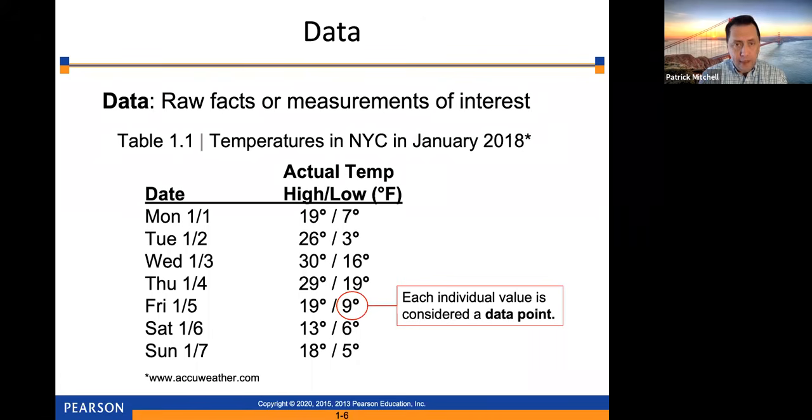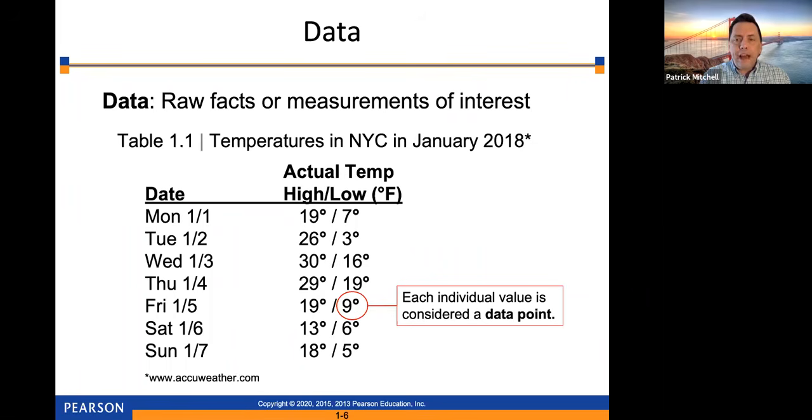So in this example, we have temperatures in New York City, near my home turf, in January of 2018. Notice that they give you a citation for where that data came from. That is a good practice in statistics. And so for the first 7 days of 2018, they're showing you the high temperature and the low temperature in New York City. So those temperatures would be an example of data.